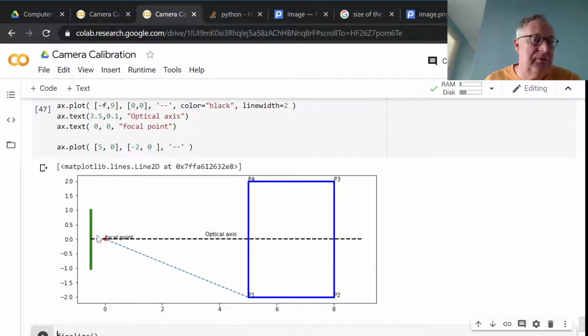Now I have to figure out where that is here on that position.